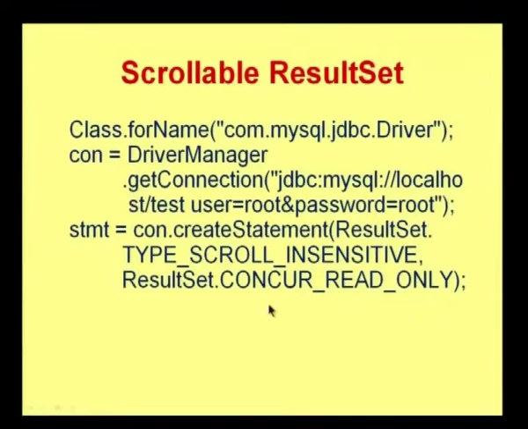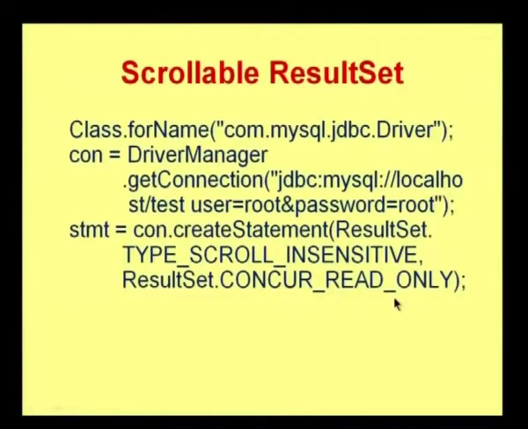Whereas here I have given concurrent read only, so only concurrent persons can read it. There is no possibility that whenever I am using this type of result set, another user could make changes in it. One is that nobody can change it, they can only read it, and the other is that it is insensitive. So even if changes are made, this result set will not reflect them.